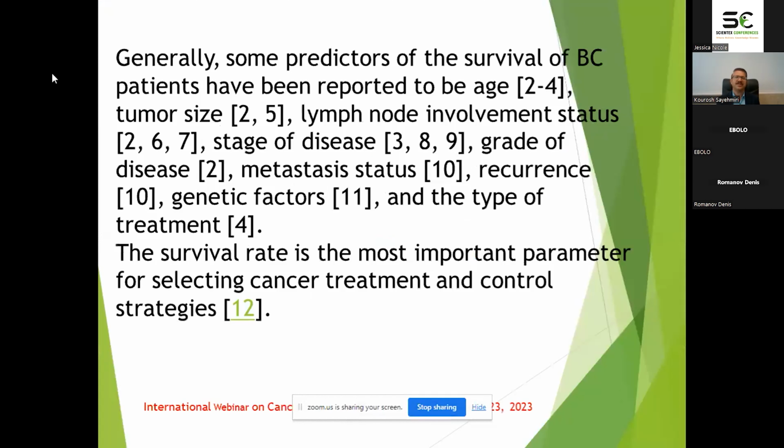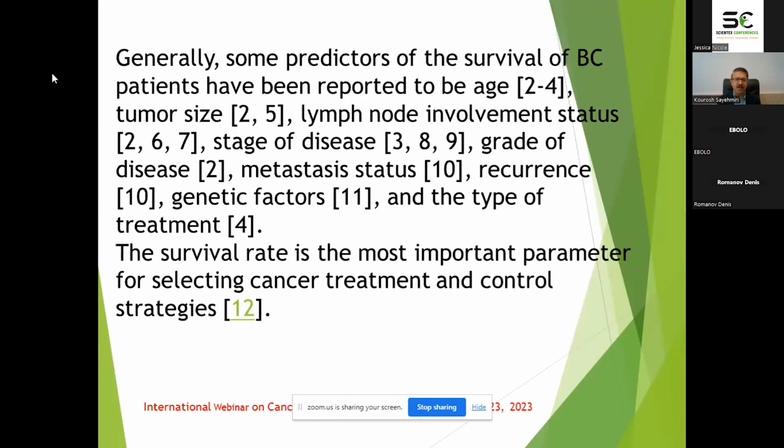Generally, predictors of survival of breast cancer patients that have been reported are age, tumor size, lymph node involvement status, stage of disease, grade of disease, metastasis status, recurrence, genetic factors, and type of treatment.